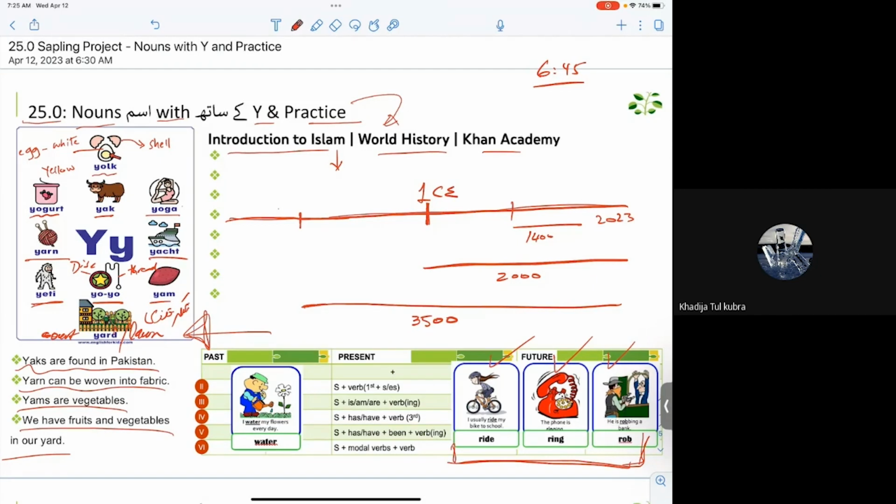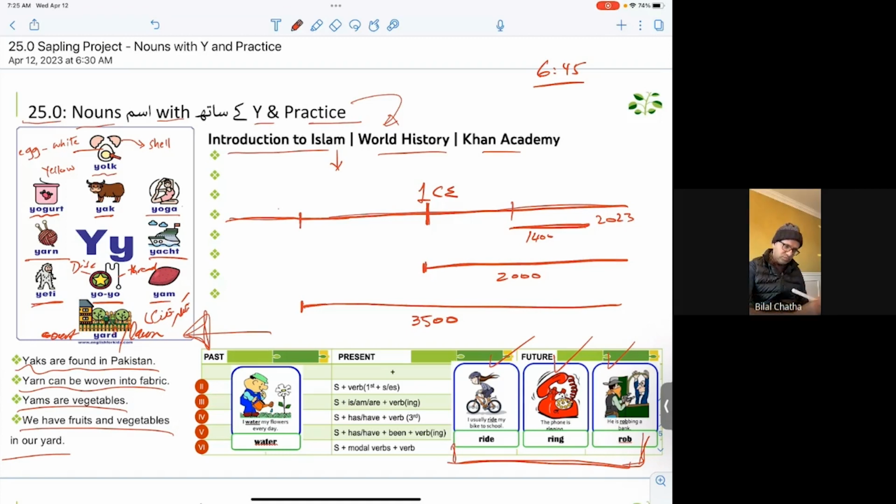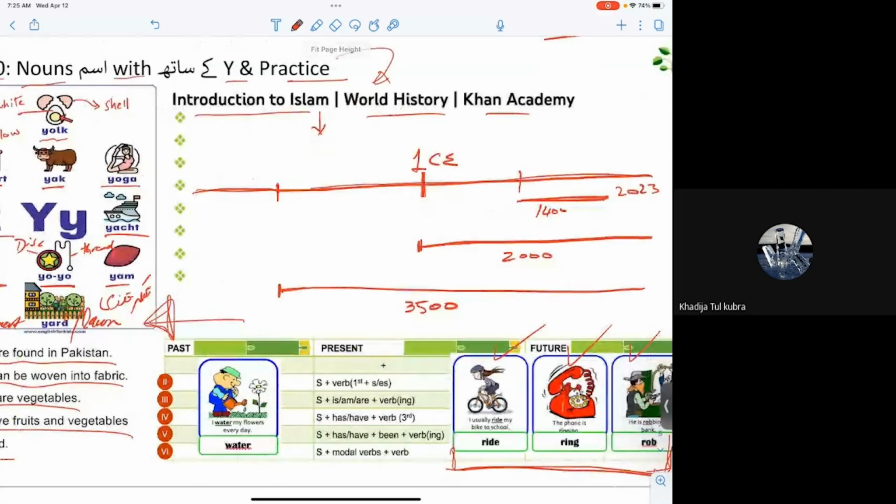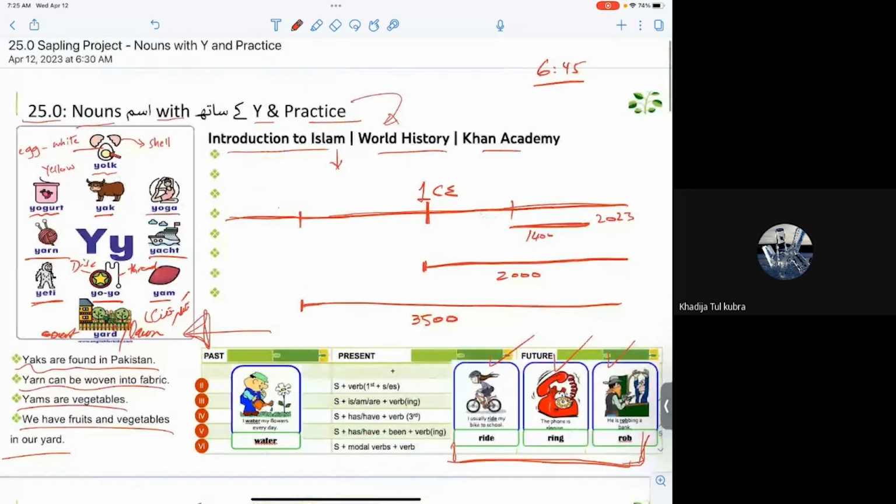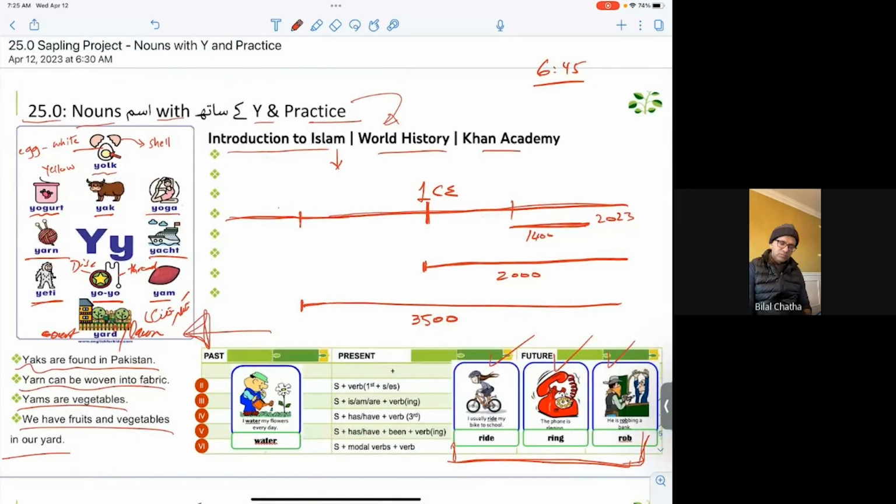The cities of Palestine. Palestine is a land of Judaism.